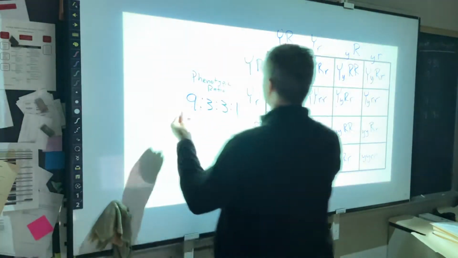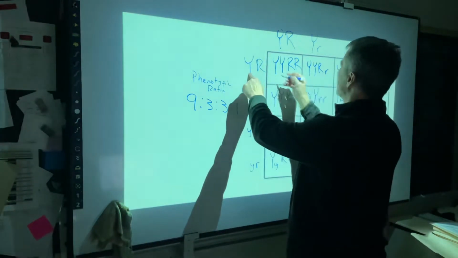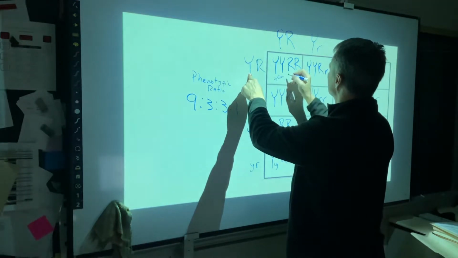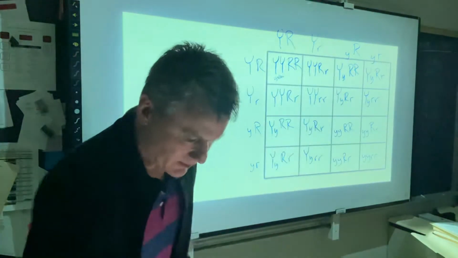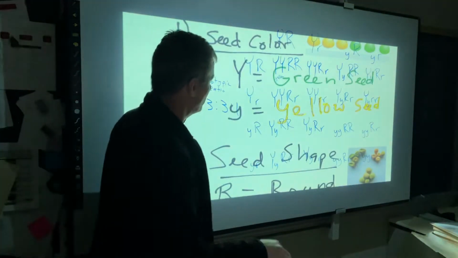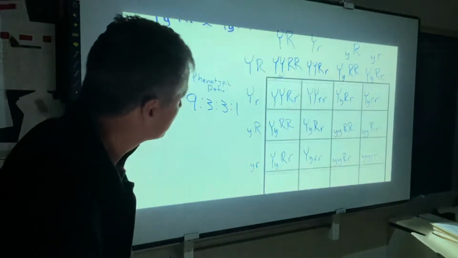For example, you could go through and say, yellow. Okay, so we know that this is a yellow, and if I can't remember exactly what I had there. Oh, it was green. Green, and round is the dominant. Okay.